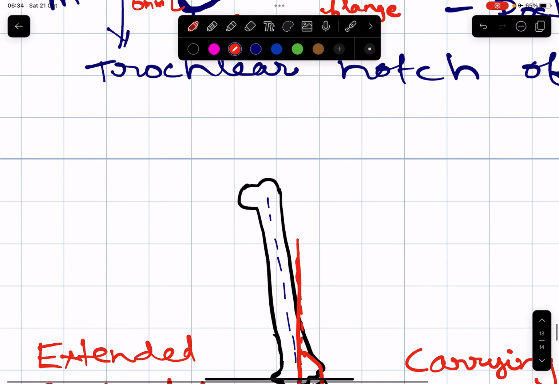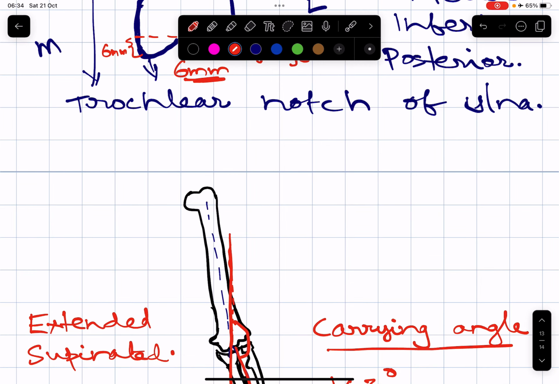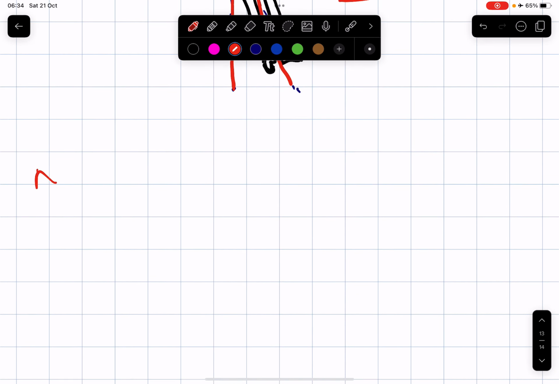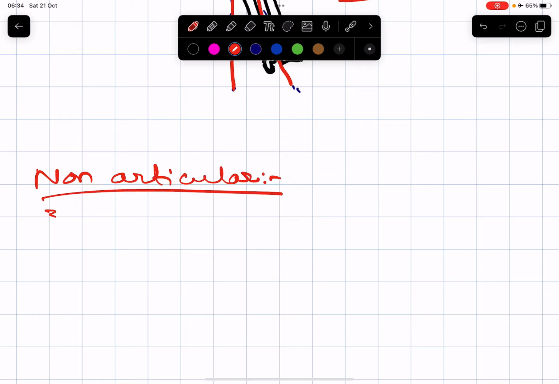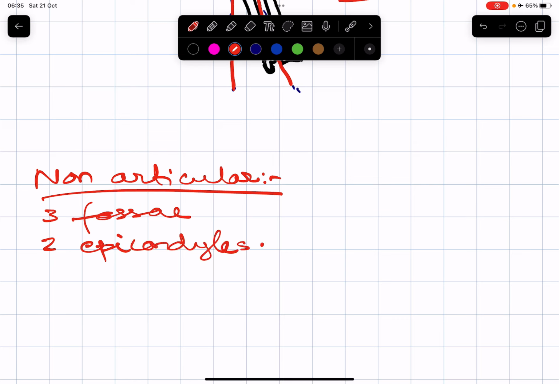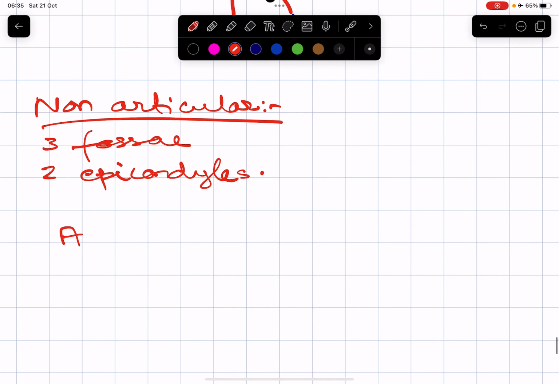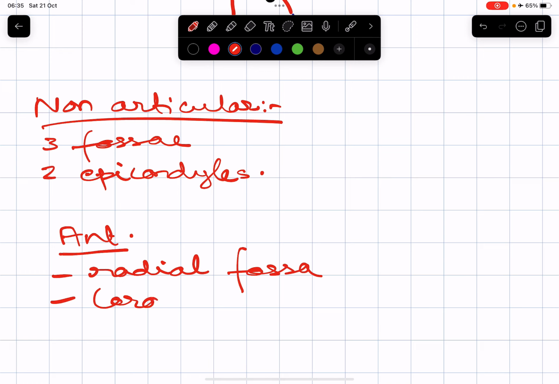Next, let us talk about the non-articular part of the lower end. The non-articular part consists of 3 fossae and 2 epicondyles. So what are these three fossae? On the anterior aspect, that is on the front, we have the radial fossa and the coronoid fossa, right?